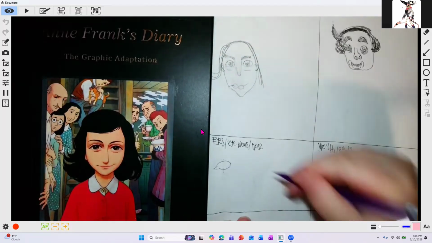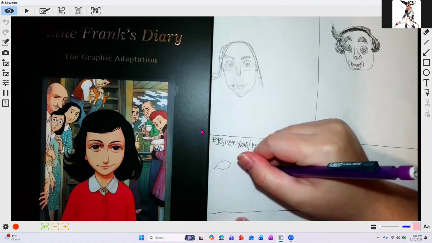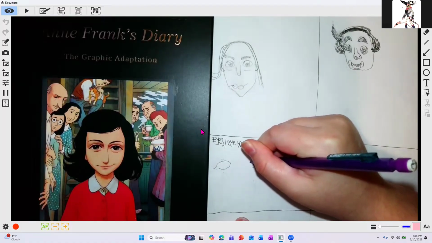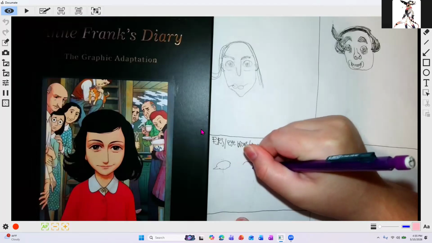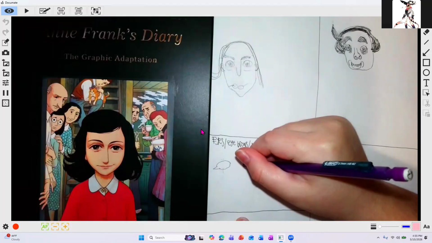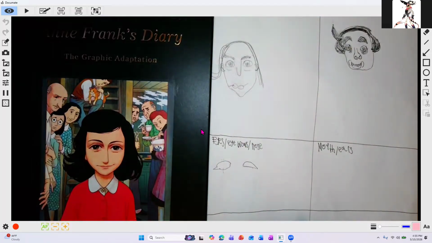Not the best, I apologize. Whatever, not the best eye. Doesn't even look like an eye.